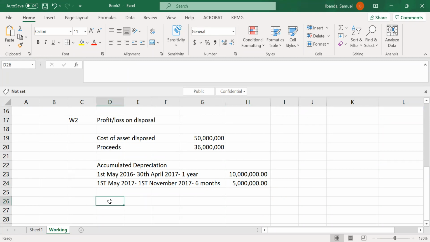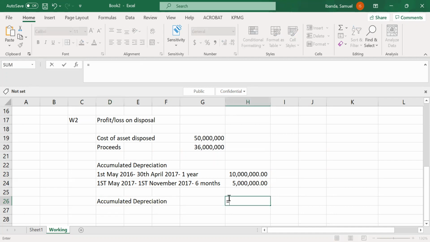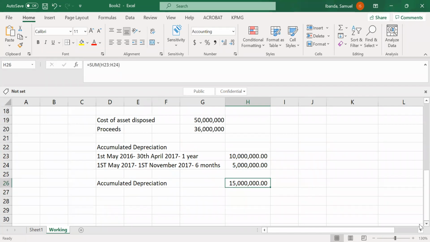So what this means is that this asset had accumulated depreciation of the summation of this, which is 15 million.